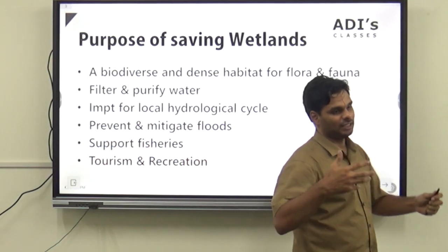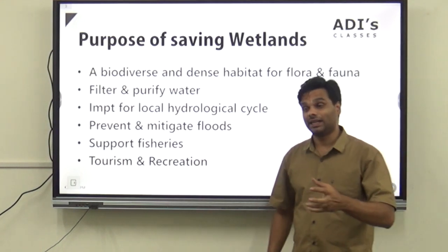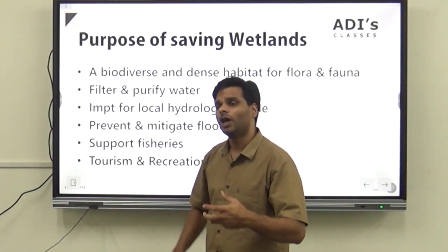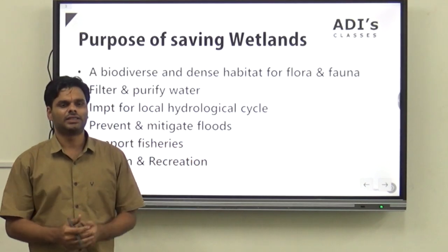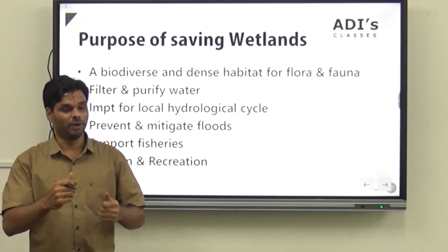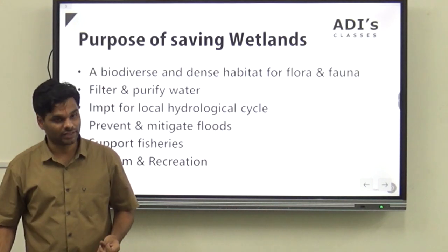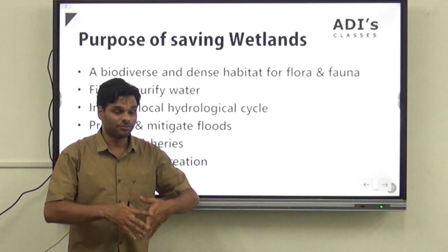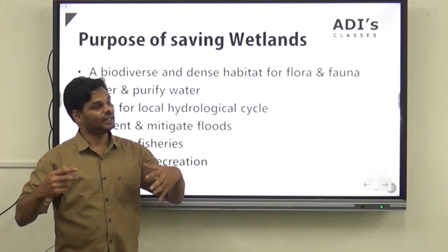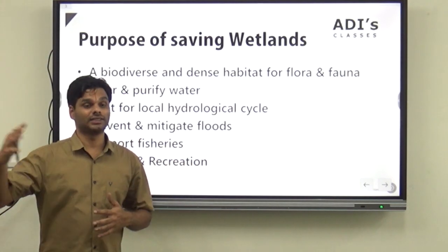So in the previous classes I have been talking that wetlands like tropical rainforests are beautiful biomes, right? It's a very rich biome when it comes to biodiversity, not just biomass. We know what is biomass, right? If the number of organisms is very high, then we say the biomass is great.